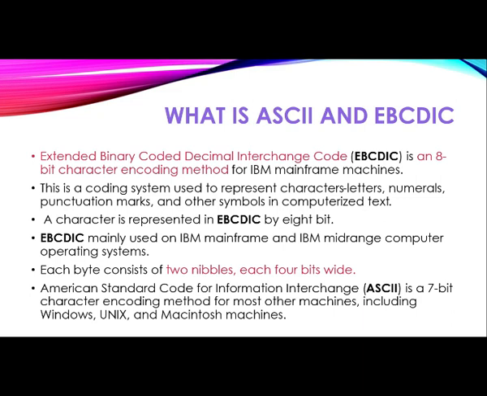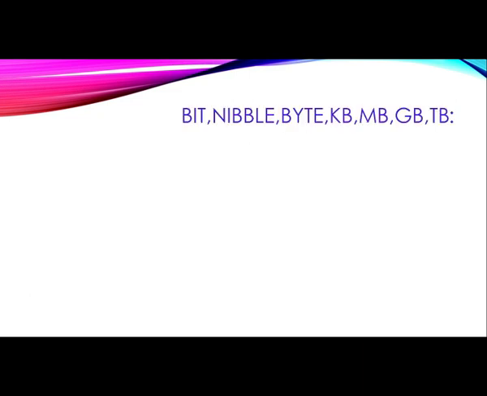Whatever command we give to the computer will be in English, right? And it will be converted into binary by this ASCII code or EBCDIC. How that works, we will understand later.